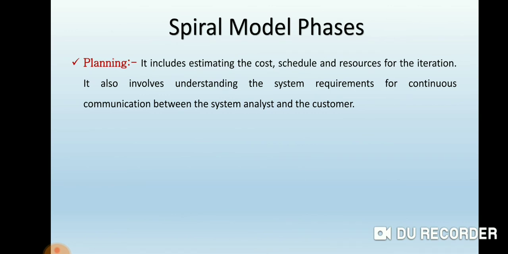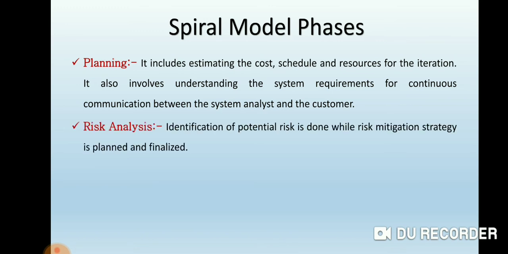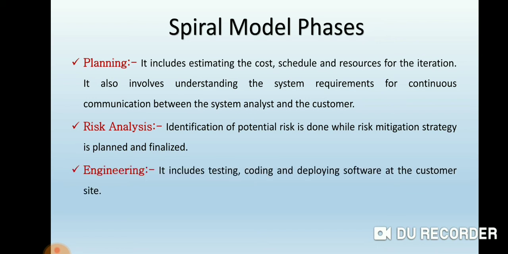Planning: it includes estimating the cost, schedule, and resources for the iteration. It also involves understanding the system requirements for continuous communication between the system analyst and the customer. Risk analysis: identification of potential risk is done while the risk mitigation strategy is planned and finalized.